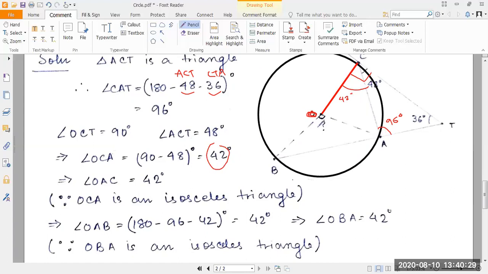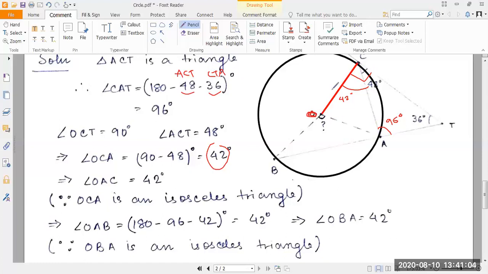Now, if I consider this triangle OCA, OC is a radius of the circle as well as OA. As I have mentioned before in my previous video, you can't have radii of 2 different lengths in a single circle. So naturally OC equals OA. That is, 2 sides of the triangle OCA are equal, which means OCA is an isosceles triangle, and we know that the angles opposite the 2 equal sides of an isosceles triangle are equal.